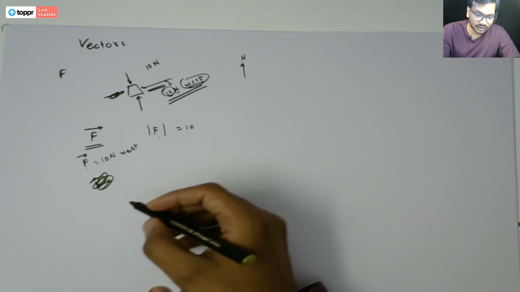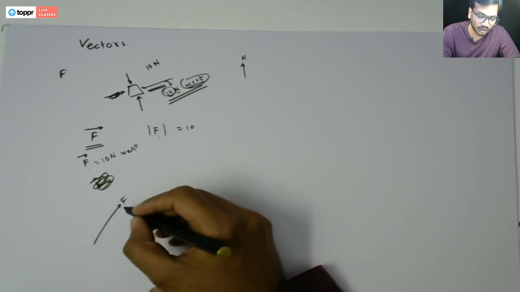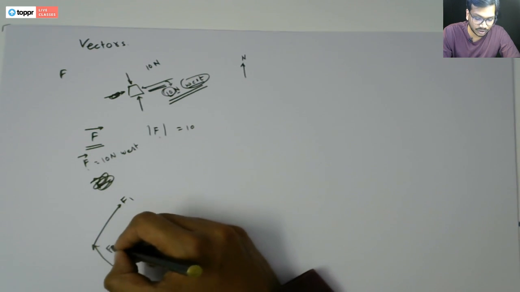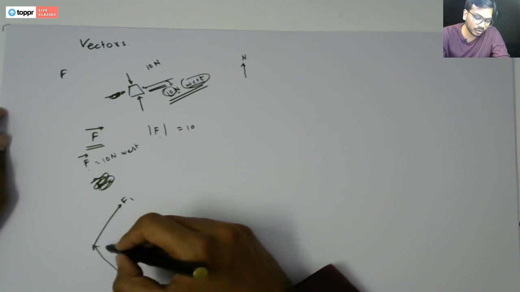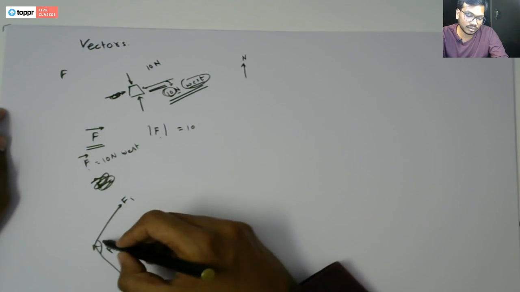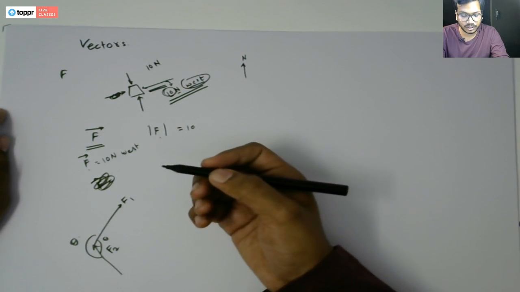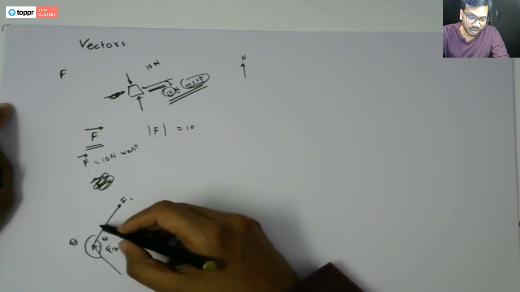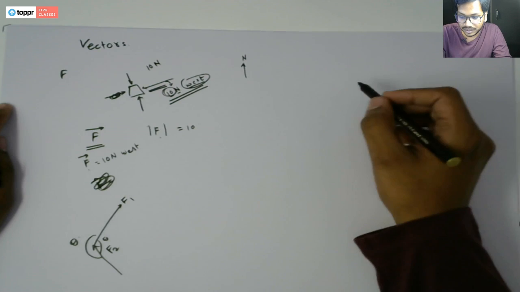Now let us say we have two vectors with us. This is a force F1, and this is a force F2. Now if you had to measure the angle between them, how would you do that? Would this be the right angle to measure them, or would this be the right angle? This is how you graphically represent vectors.